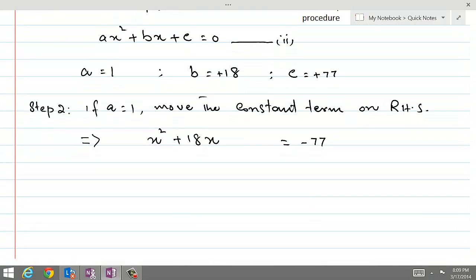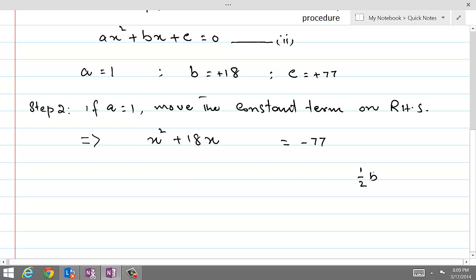And now what we are going to do is find the value of plus or minus 1 over 2 b, whole square. What is the value of 1 by 2 b whole square? 1 by 2 times b, where b is 18 including sign.